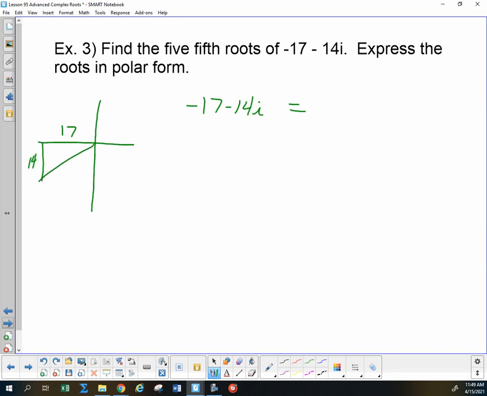Everybody looking for something in the third quadrant? So that means we better be getting something that's between 180 and 270.